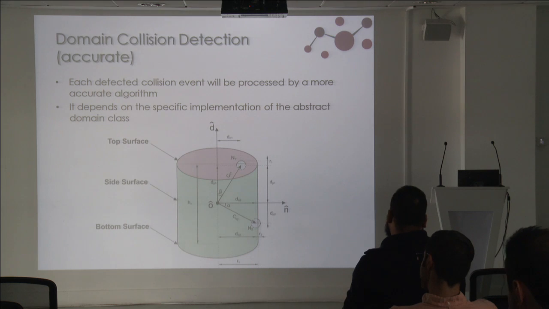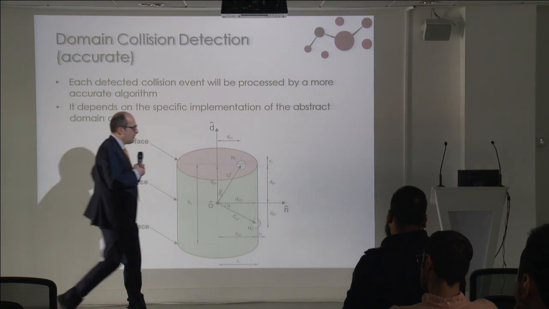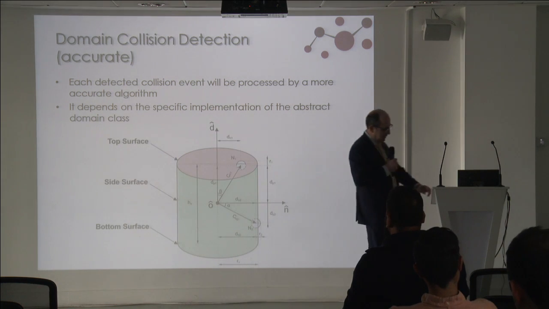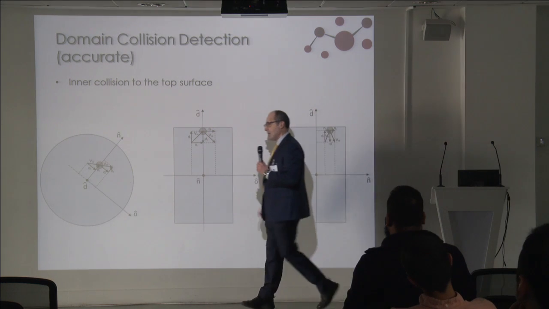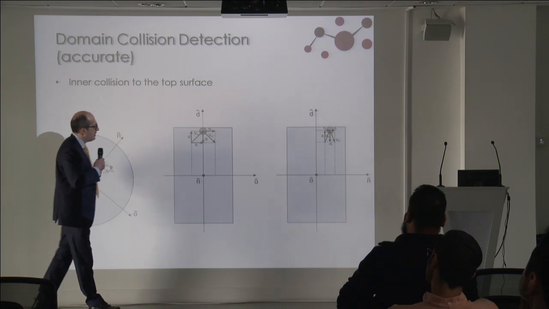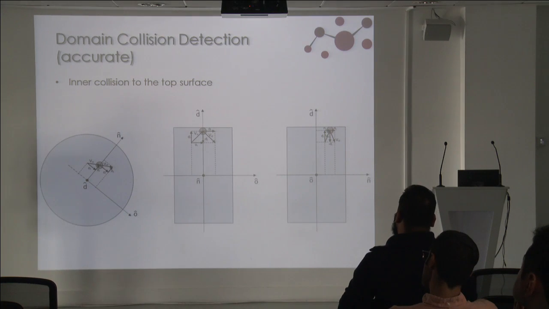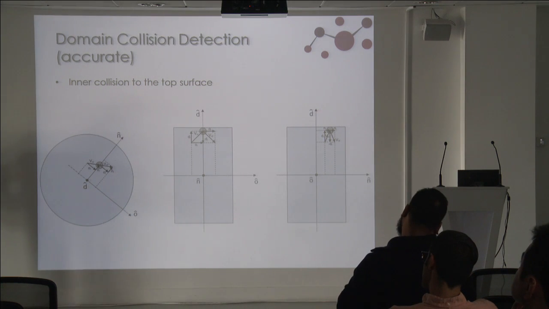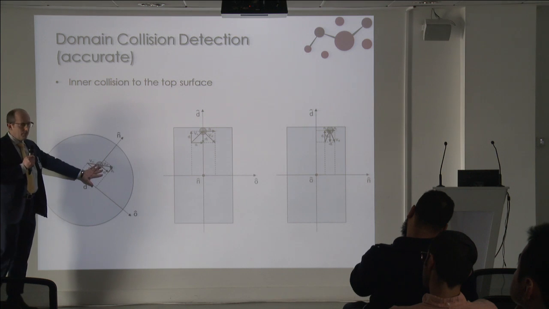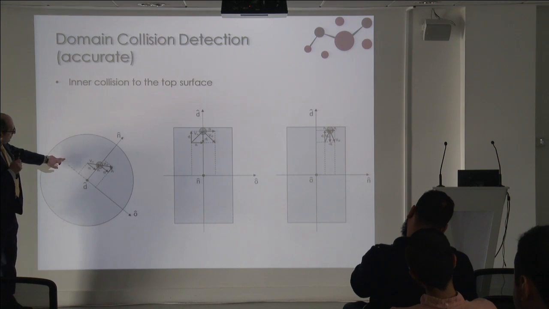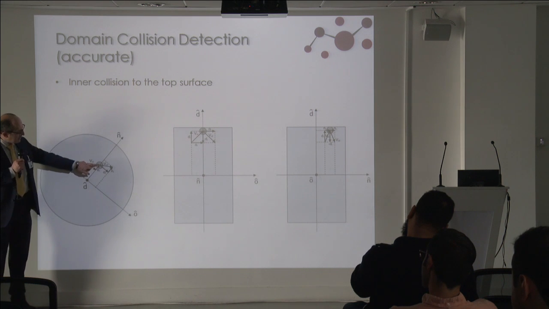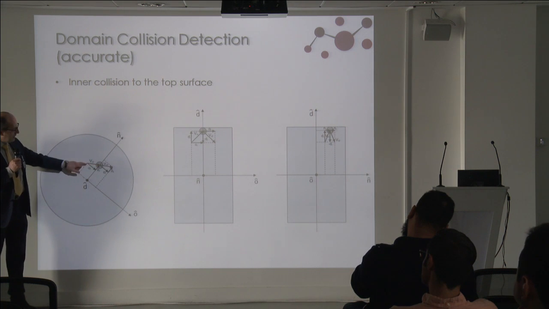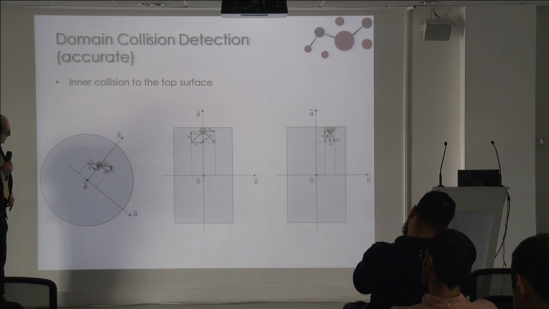And if the collision happens, now it is necessary to evaluate the resulting velocity vector after the collision. So this is the top view of the cylinder. In the top view, you have to imagine the velocity vector before the collision that exits the slide.